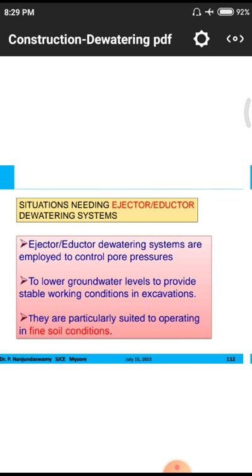In the case of silty soils and clay soils, they have low recharge capacity due to a huge amount of bonding between the particles, so water will not recharge easily, and in rocky strata there may be no recharge of water, so we will get the groundwater at higher depths. In those cases, we lower the groundwater levels to provide stable working conditions in excavations.